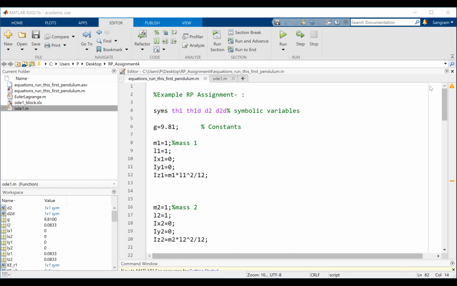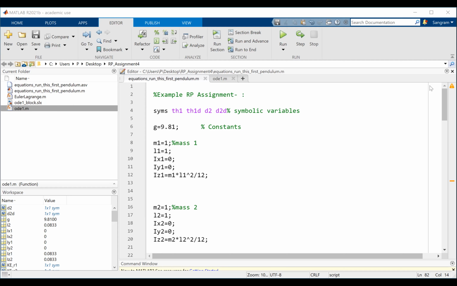This is going to be the x-axis, this is the y-axis, and the z-axis is going to come out like this. So since W is much less than L, I have IZ1 equal to M1 L1 square by 12.